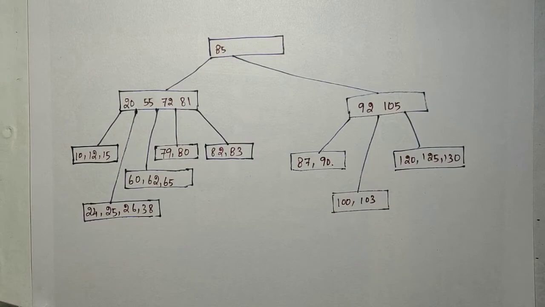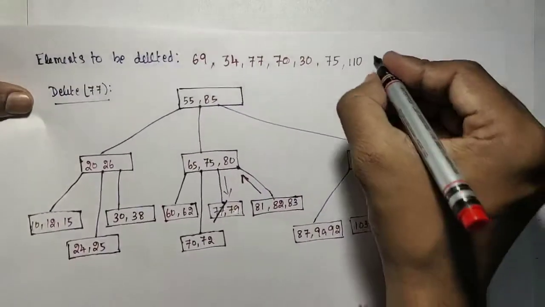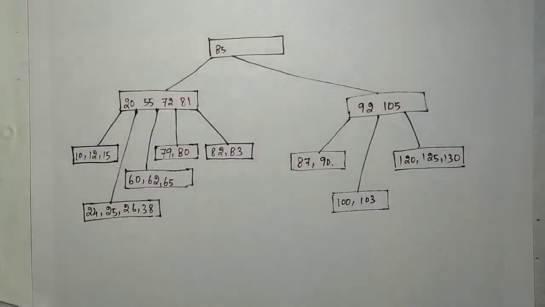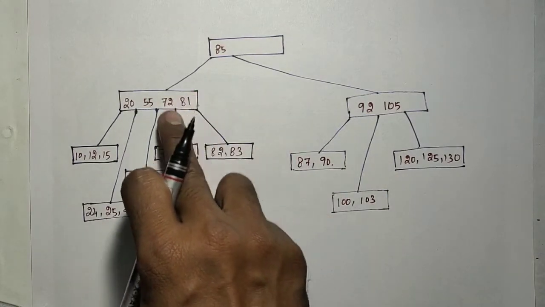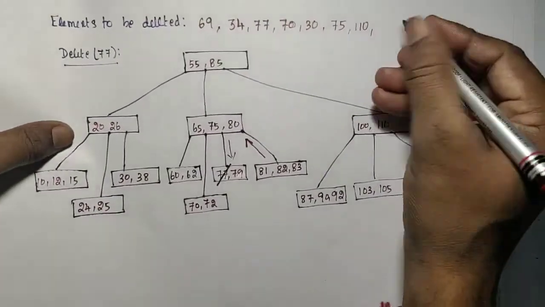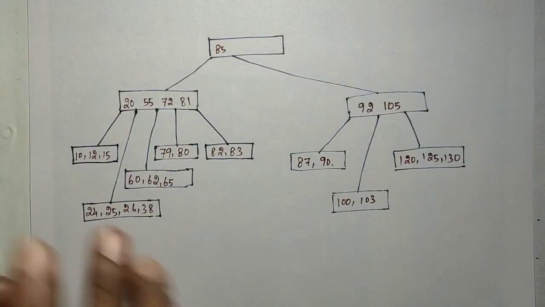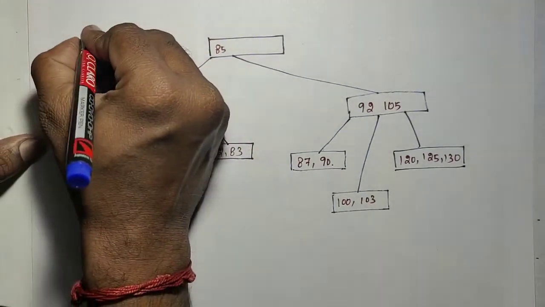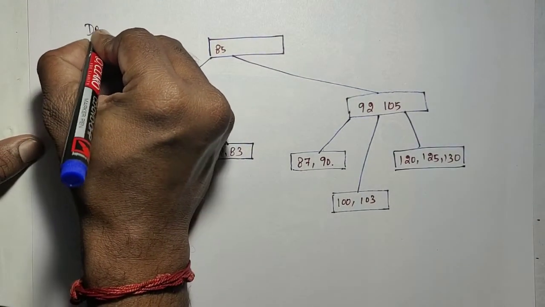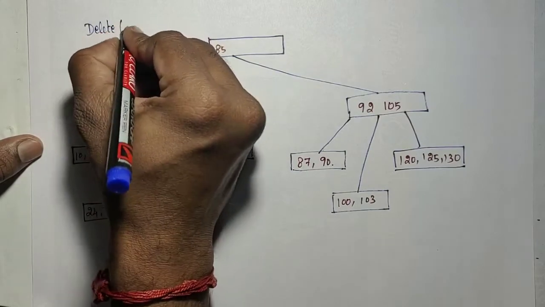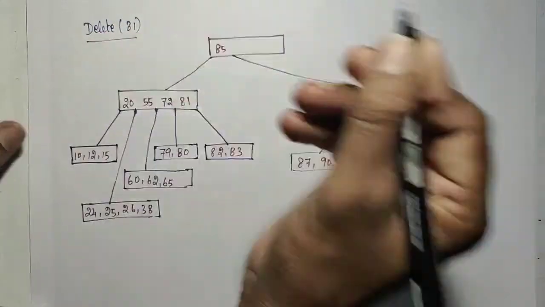Now we'll continue the deletion with more elements, in another case. We will discuss one more example: how to delete 81.